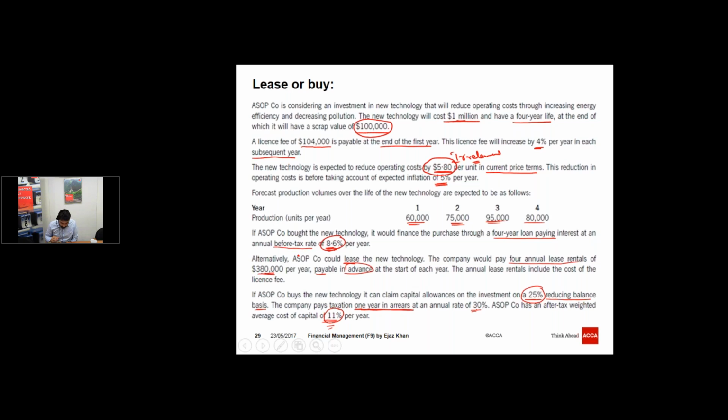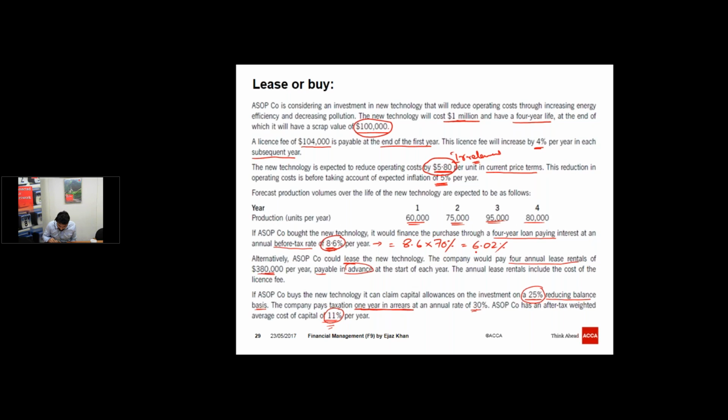And we should always use after tax rate. So let's make it after tax, 8.6. The tax rate is 30%, so we have to deduct 30% from it, which means we have to take 70% of 8.6 to make it after tax. It's 6.02%. Now we know that our table will not be having 6.02%, and if we take 6.02% as our discount rate, it will put us in trouble because we have to calculate discount factors for every year.